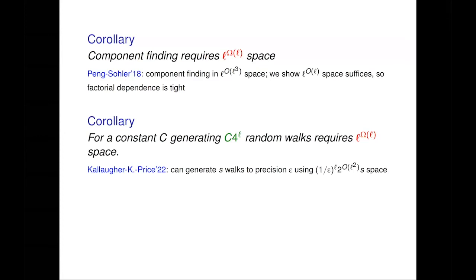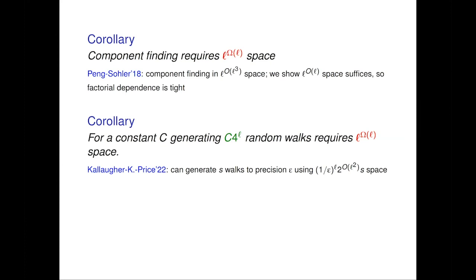Now, the other corollary that we get is for random walk generation. Specifically, suppose that I have a streaming algorithm that generates an exponentially large in L number of random walks of length L, given a randomly ordered stream. Well, then at least one of these walks will loop around the cycle. And recall that in my reduction, every component is a cycle of length at most 2L. So at least one of these walks will completely loop around the cycle.